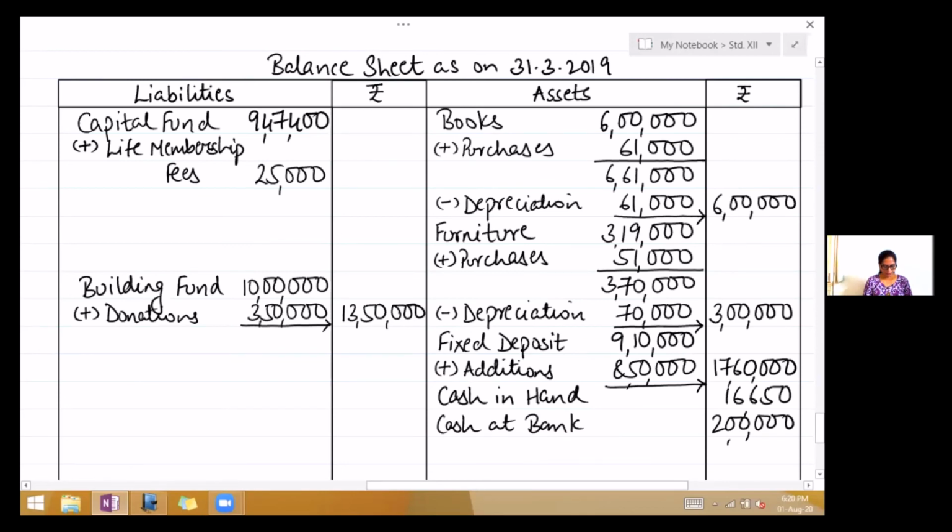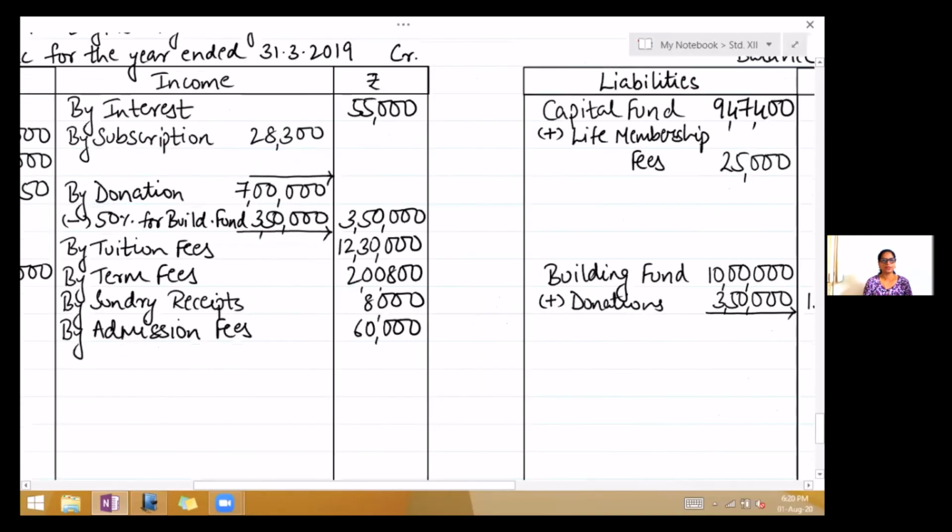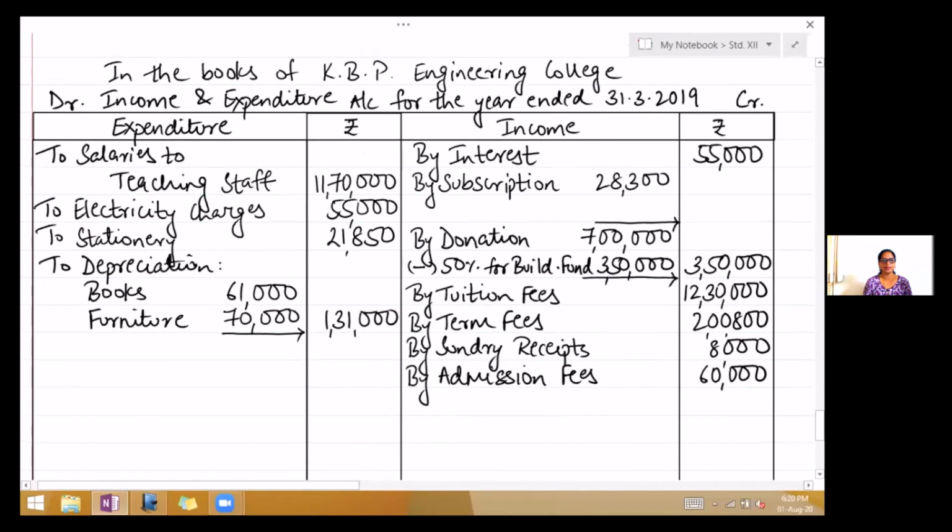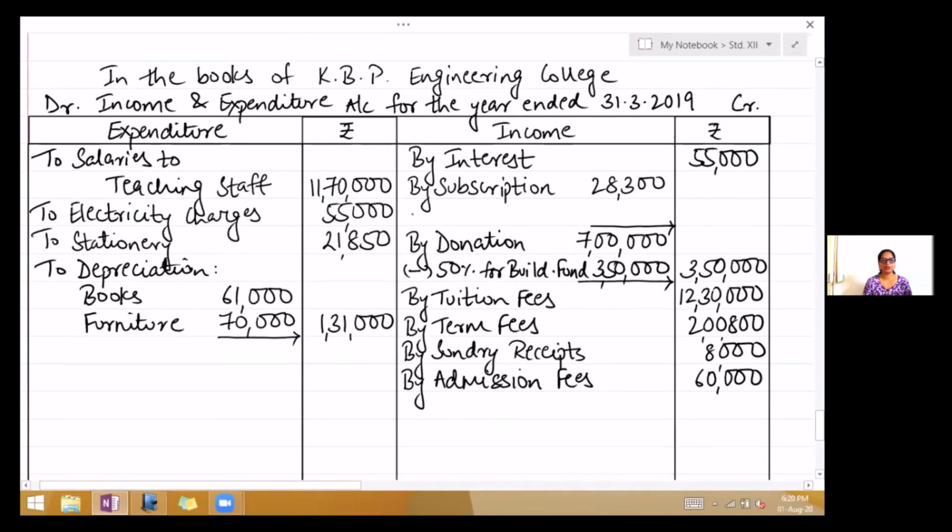Next adjustment, outstanding subscription rupees 5,300. So subscription, come to the income side. Outstanding, what do we do with outstanding? We add. So add outstanding 5,300. Added, take it to the outer column.